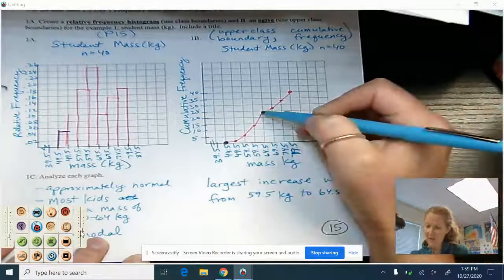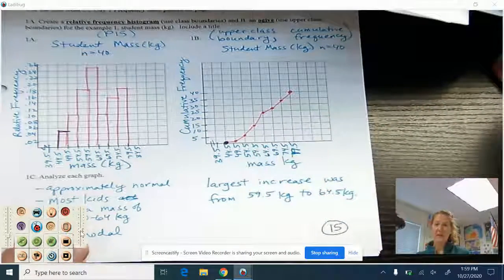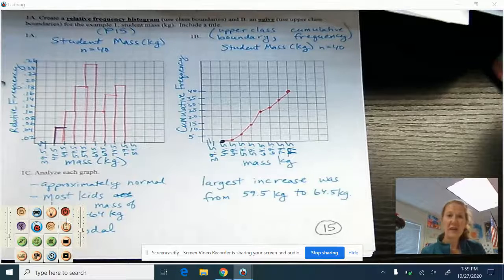You can see that was our largest jump. Okay, so that is how you do a cumulative frequency graph. So we reviewed relative frequency histograms and cumulative frequency graphs. Great job. Thanks for watching.